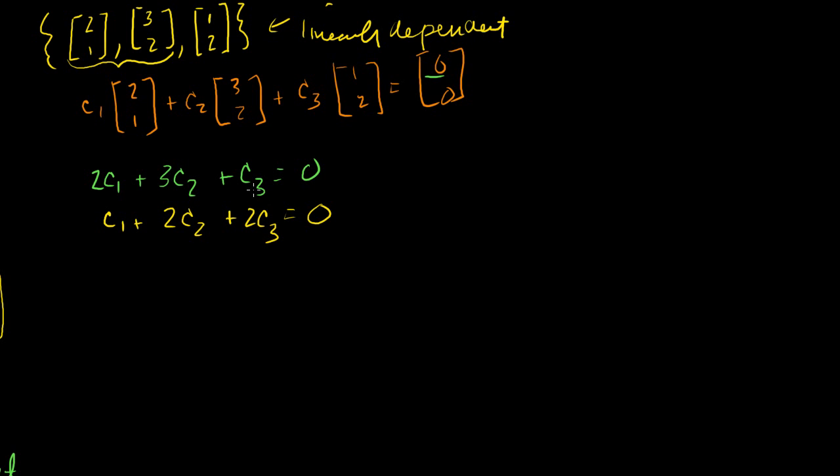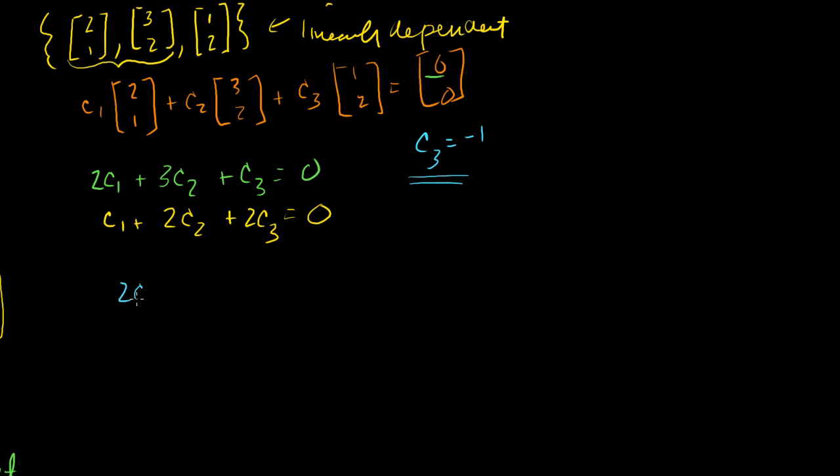Look, I can just pick some random c3. Let me pick c3 to be equal to -1. So what would these two equations reduce to? If you have 3 unknowns and 2 equations, it means you don't have enough constraints on your system. So I just picked c3 out of a hat. I could have picked c3 to be anything. But if I set c3 to be equal to -1, what do these equations become?